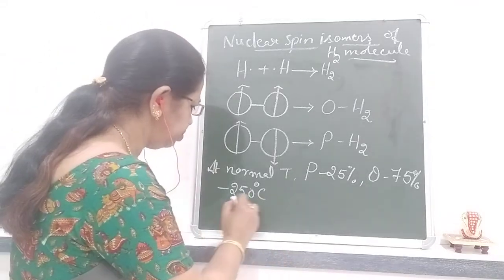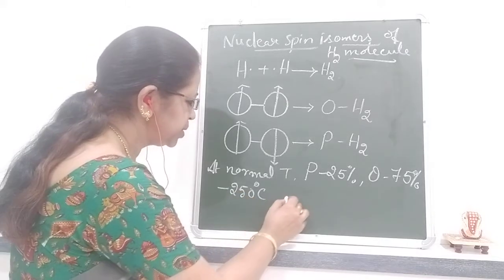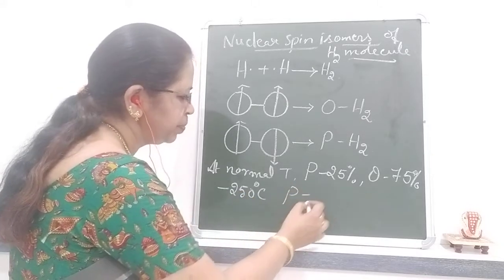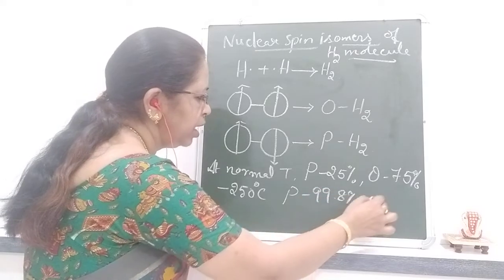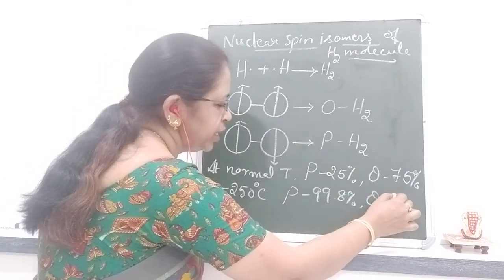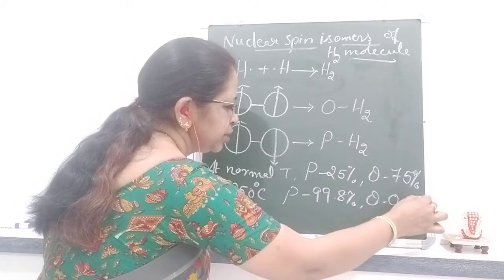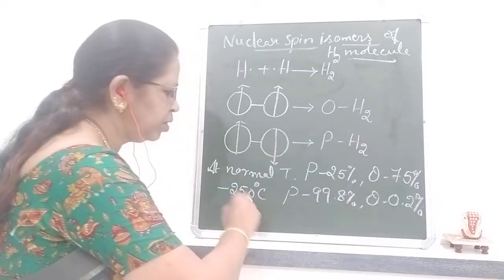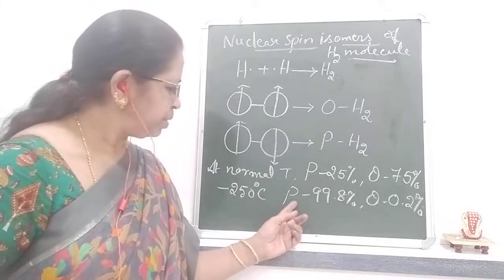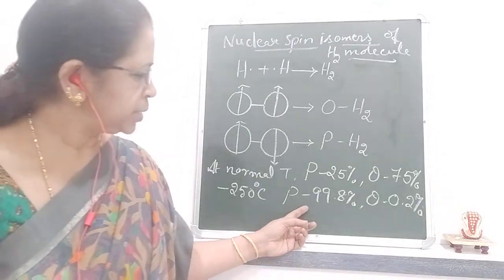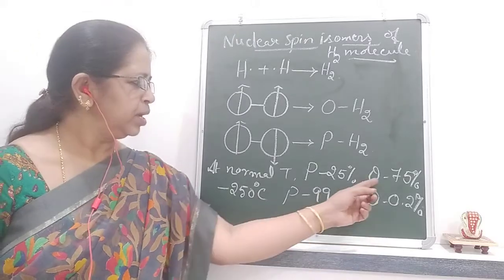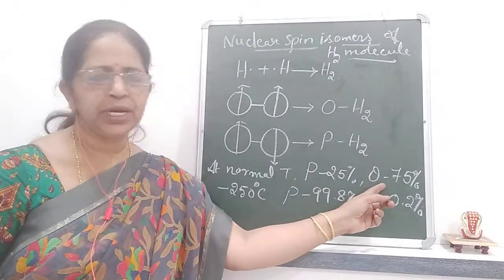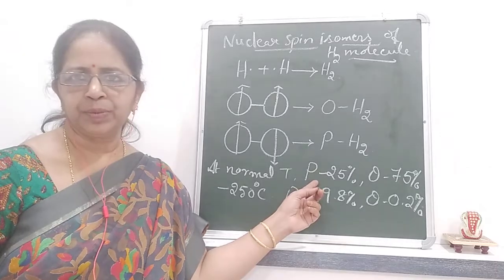At minus 250 degrees Celsius, para will be 99.8% and ortho isomer is only 0.2%. At very low temperatures, the para isomer predominates over the ortho isomer, but at normal temperature, the ortho isomer predominates over the para isomer.